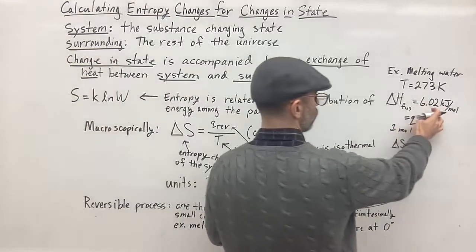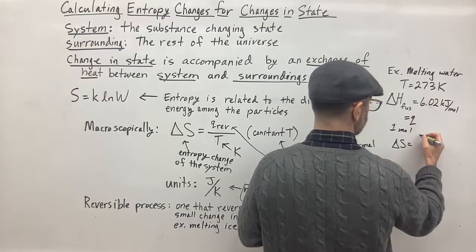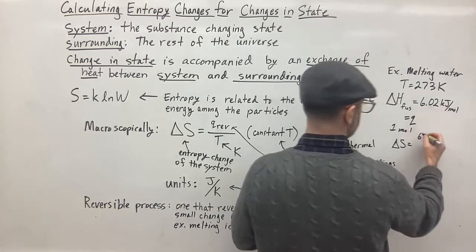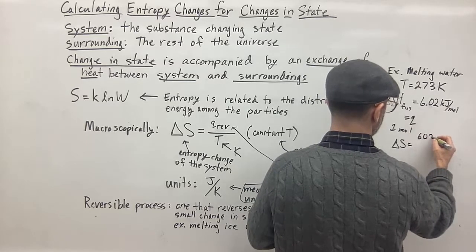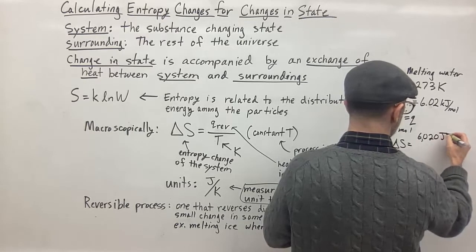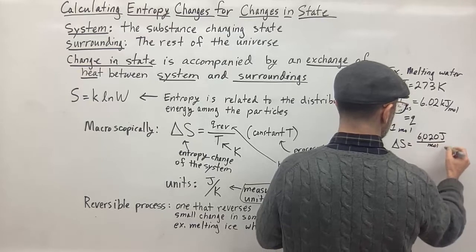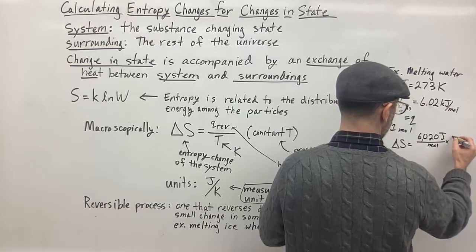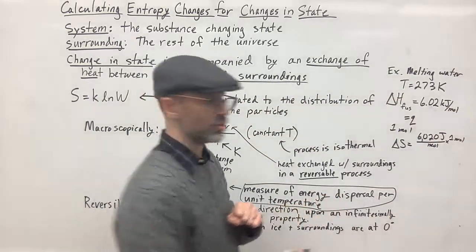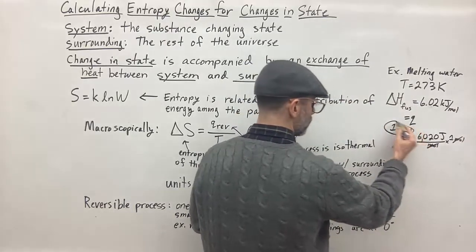So this is 6.02 kilojoules. If we change that to joules, that's going to be 6,020 joules per mole. Right, but we're going to be multiplying that by 1 mole because we're using 1 mole. So then the moles cancel out because we have 1 mole of our substance.